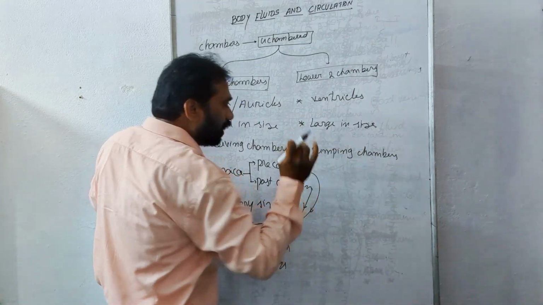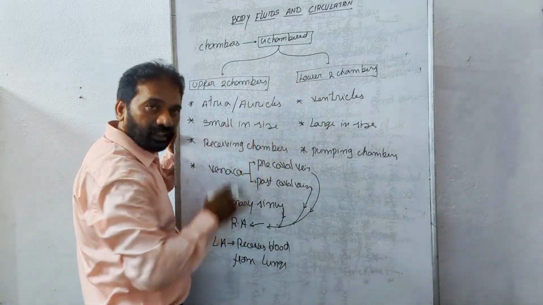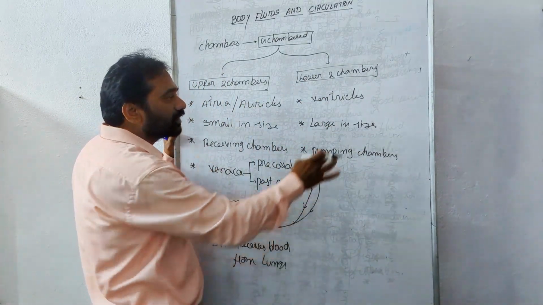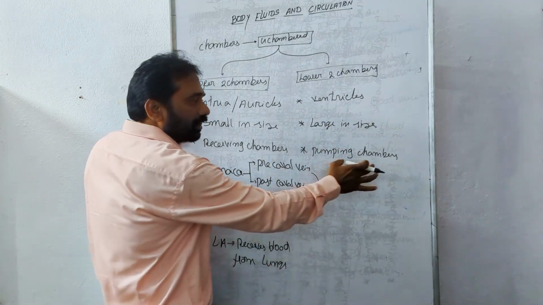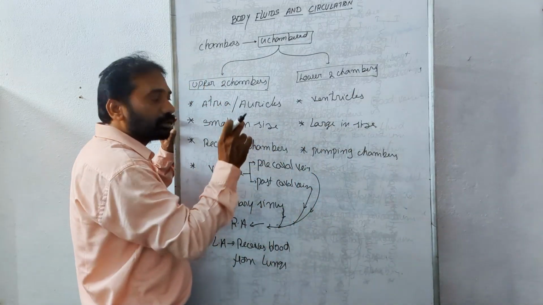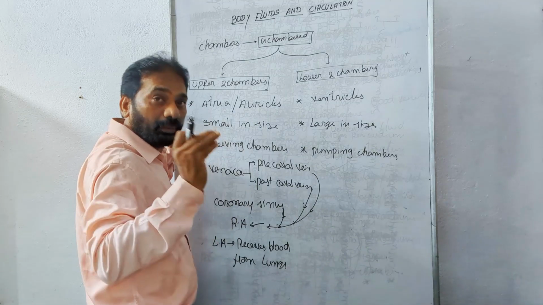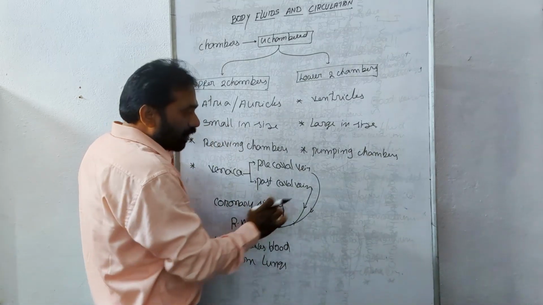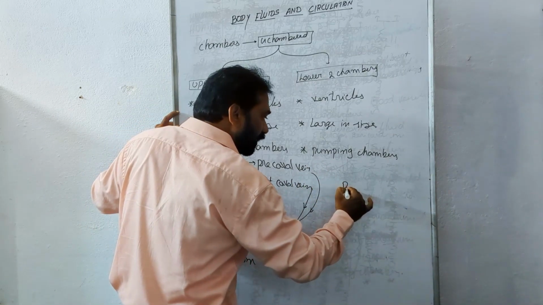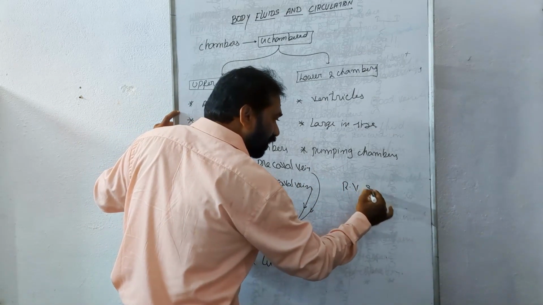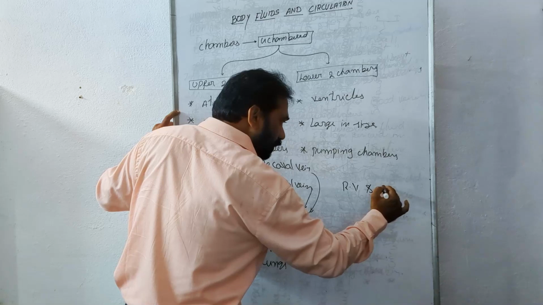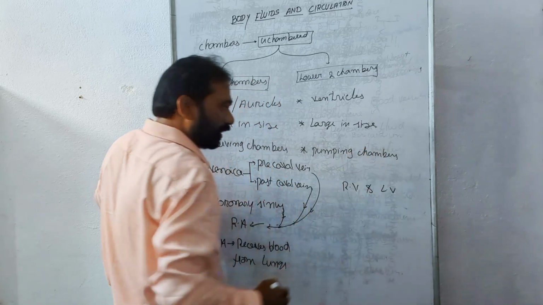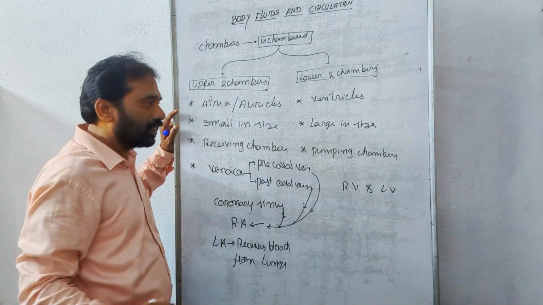Right now we enter into these ventricles. The ventricles are large in size, and they are the pumping chambers. Right ventricle and left ventricle, these two ventricles are present.